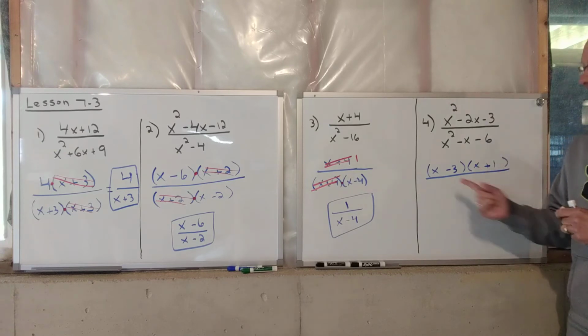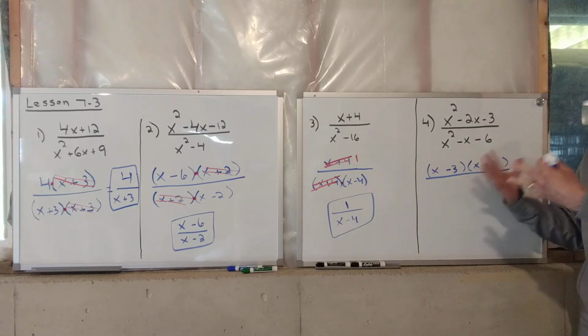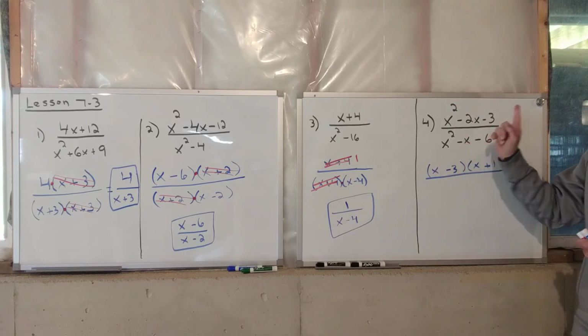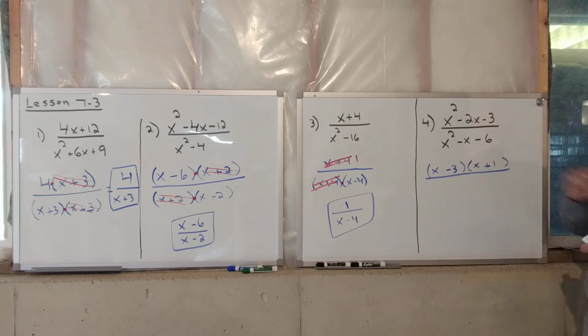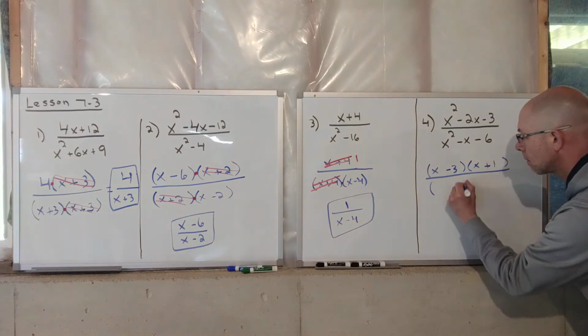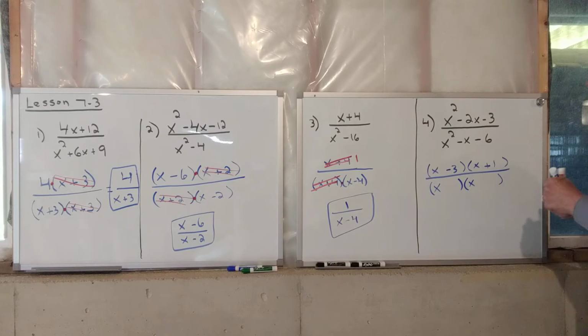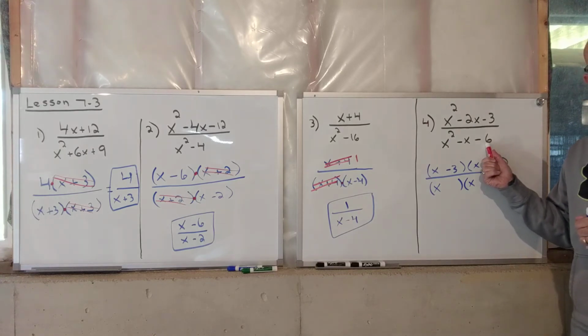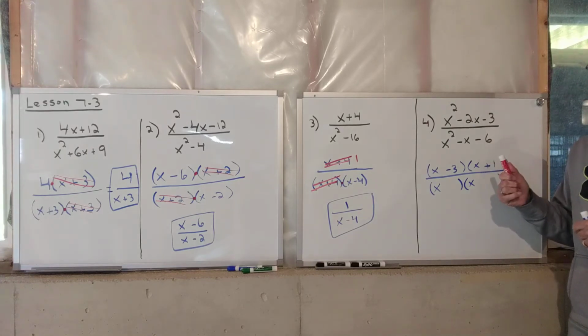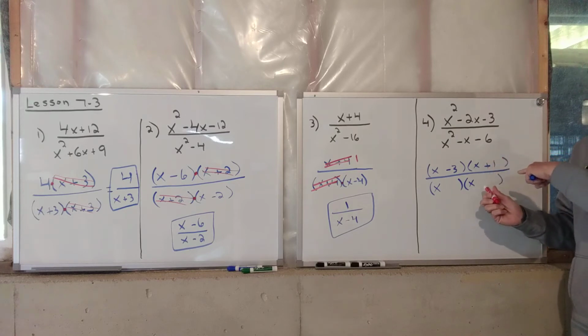Once again, if you multiply this out just to check your work, you do get x squared minus 2x minus 3. That's what this multiplies to. The denominator, x and x. Usually what comes to mind when I say multiply to 6 is some form of 3 times 2, which is what's going to work here, by the way.